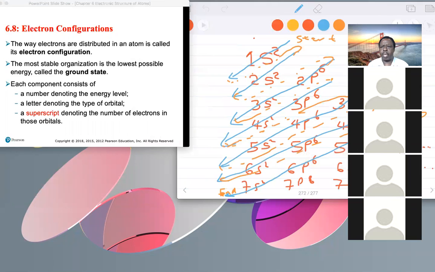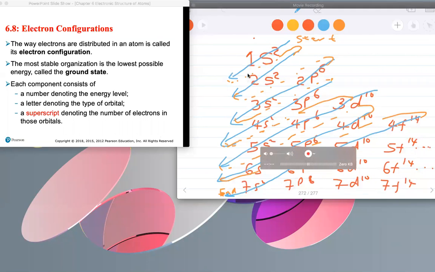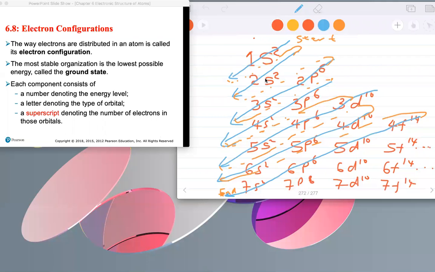There is a diagram here which I want you to learn, all right? I want you to learn how to come up with this diagram where you have energy level 1, energy level 2, energy level 3, energy level 4, 5, 6, and 7, all right? And the number of subshells within a shell corresponds to the shell number.